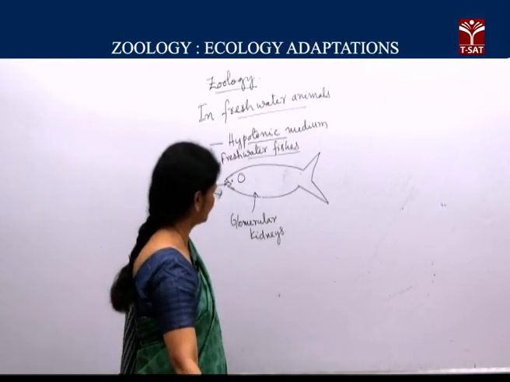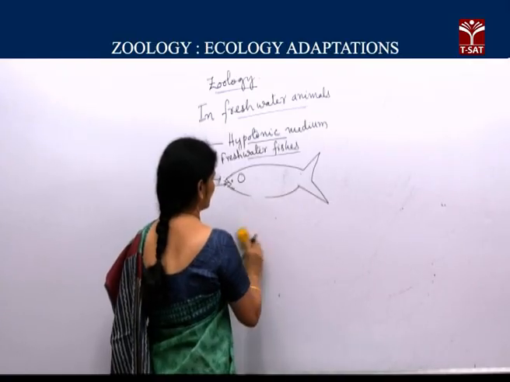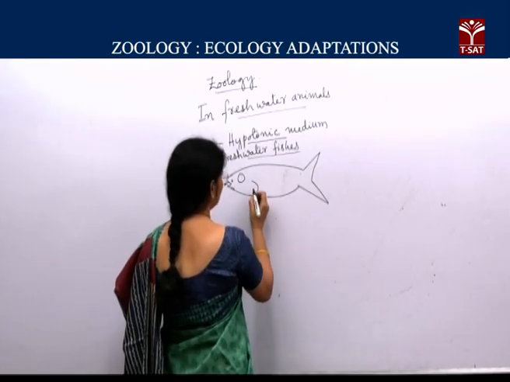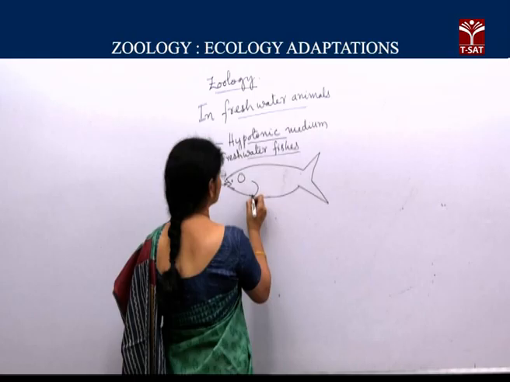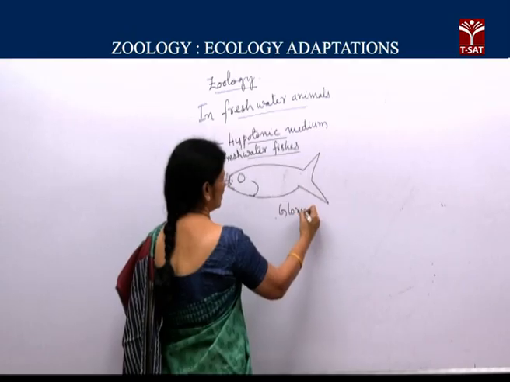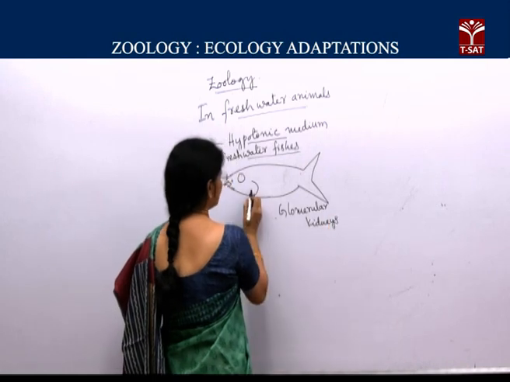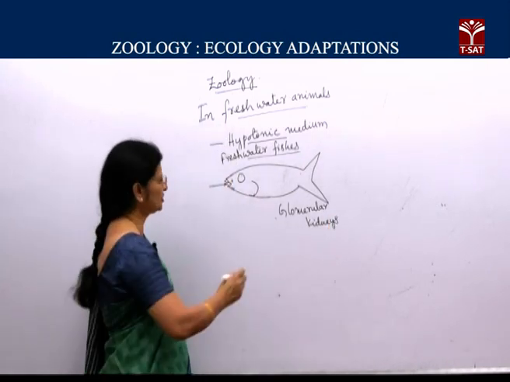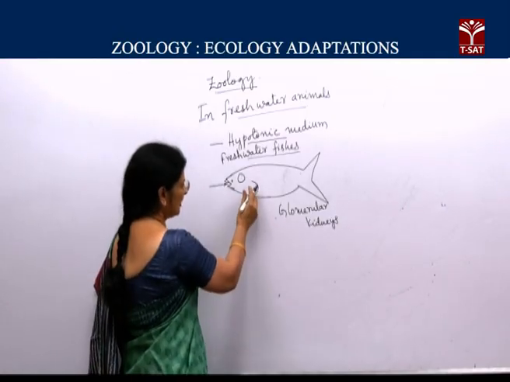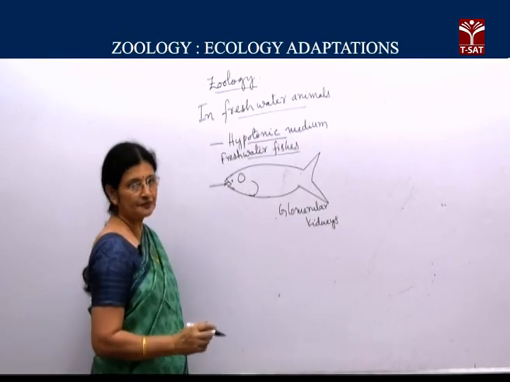Freshwater fishes have well developed glomerular kidneys. Lots of nephrons and glomeruli also well developed. So, through gill membranes, water enters into the body and they have glomerular kidneys. Actually, here the gills are present. Gills are covered by this bony plate, operculum, but gill membranes are permeable and water enters into the body.